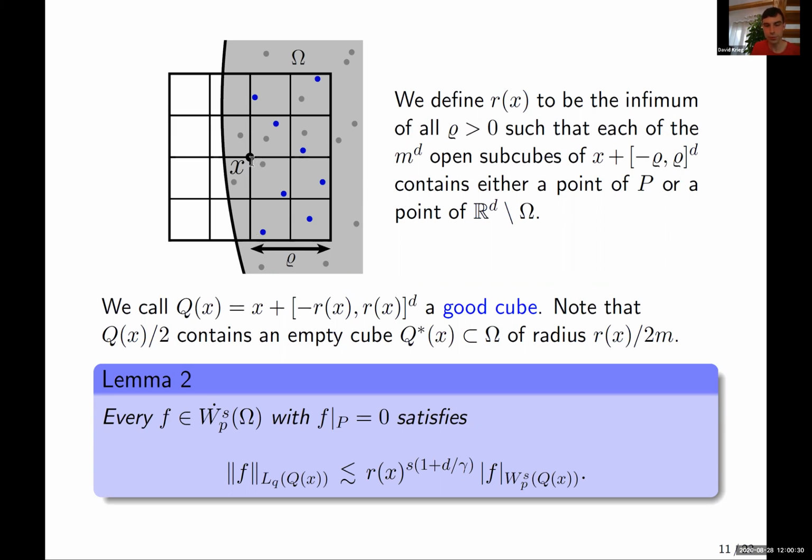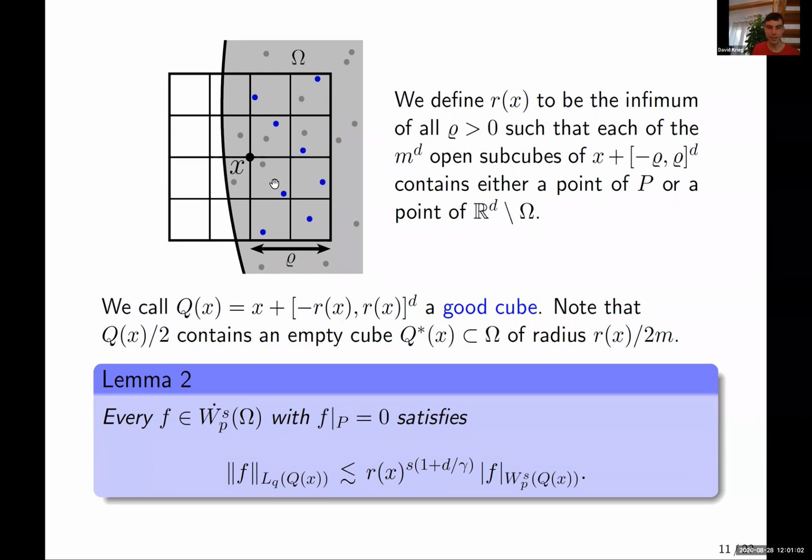If we take the cube of radius rho, then in every one of these m to the d subcubes, which are contained completely in omega, we have a point of our given point set P. We consider all such rho, and then we take the infimum over all these radii.